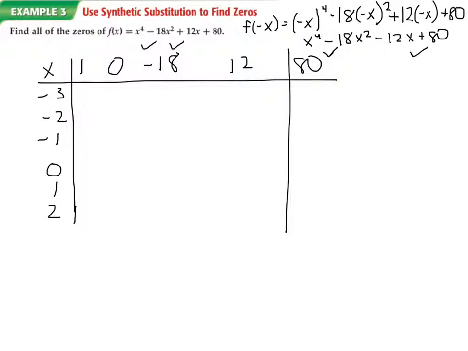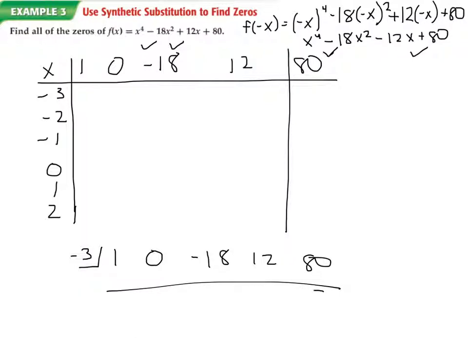In this case, we're going to use that negative 3, that negative 2, that negative 1 in our little box on the left-hand side. First I would use negative 3, and I'd plug in 0, 1, 0, negative 18, 12, and 80. If I'm doing my division, I want this number right here to be 0.